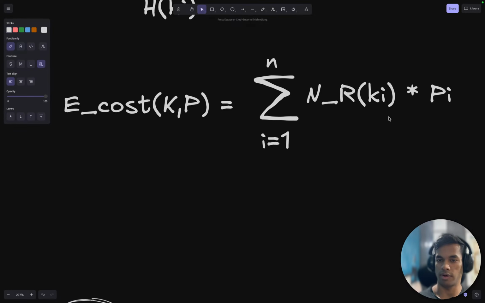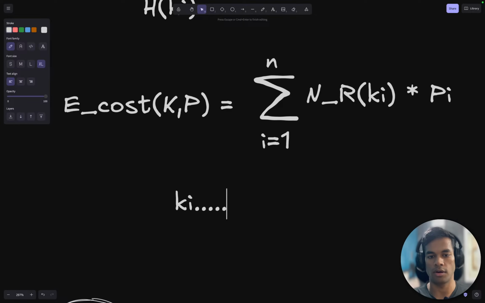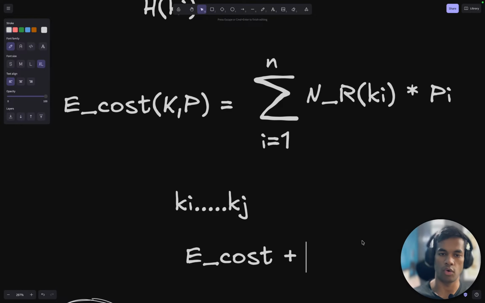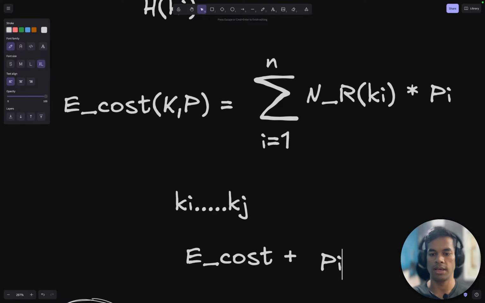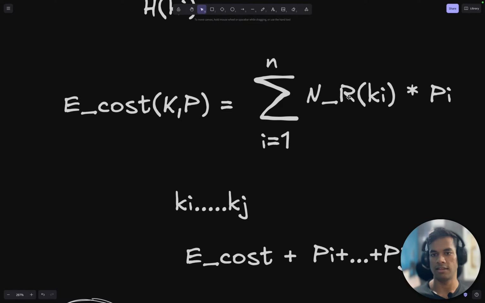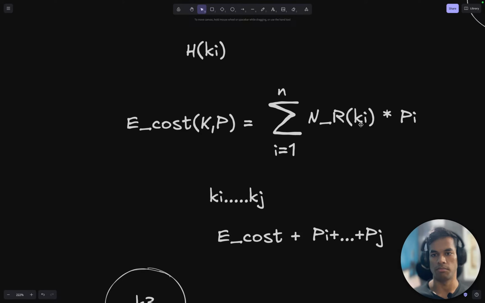So what essentially happens is, when we are finding this for the range k_i till k_j, if we make this a subtree of another tree, then the new expected cost would be equal to the original cost plus p_i plus p_{i+1} and so on till p_j, because this depth would just increase by 1.